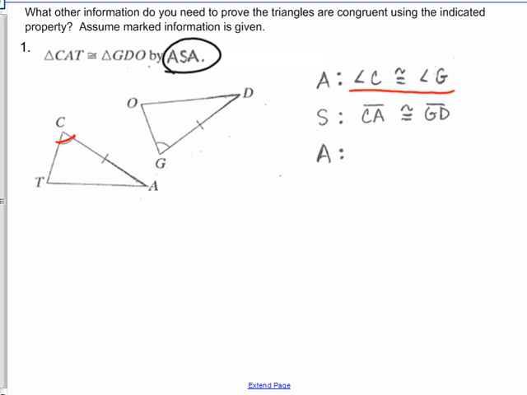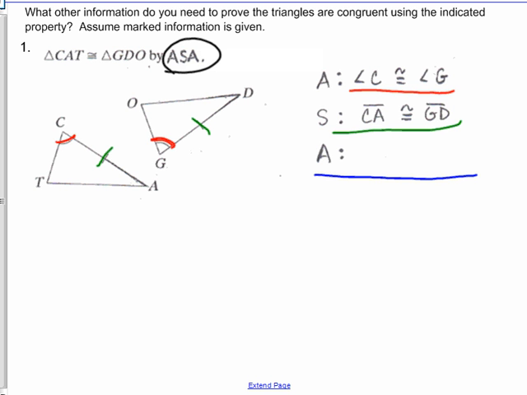So we mark that in the paper. We are also given that CA is congruent to GD. CA and GD. Well, in order to make that angle side angle, we need to have another angle.